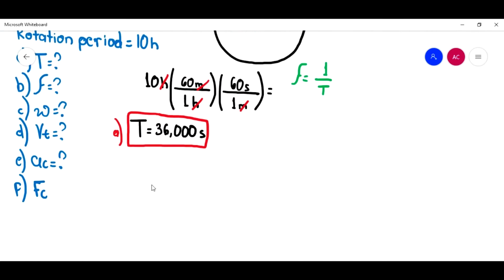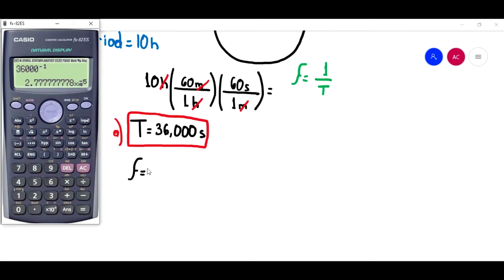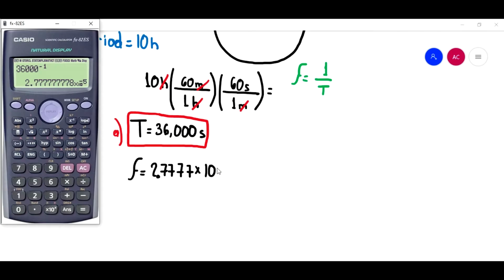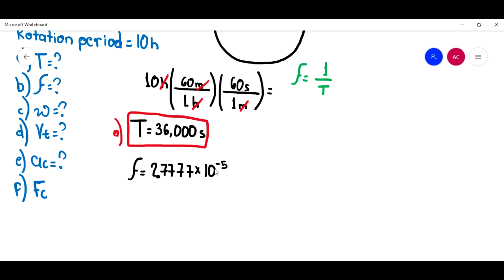So the frequency, I'm gonna write it over here. The frequency of Jupiter equals 2.7777 times 10 raised to -5. Remember, the official units for frequency are hertz.